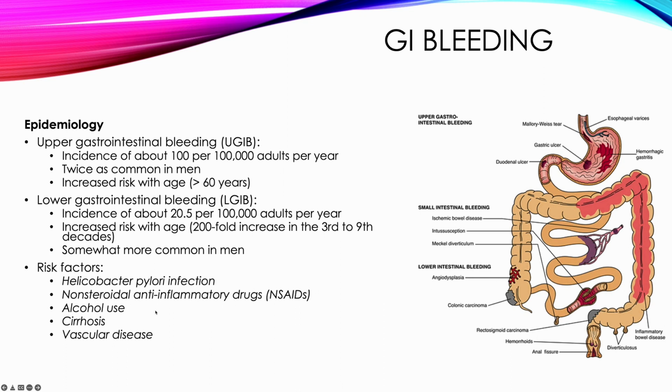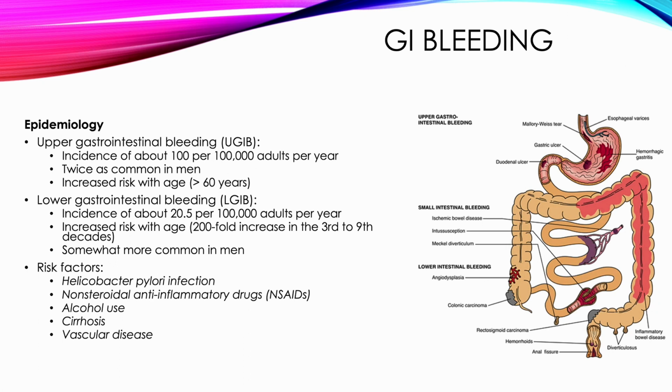Alcohol use across the board, we said that it can cause some inflammation, some gastritis, potentially contribute to the formation of peptic ulcer disease, and it can also cause other things like Mallory-Weiss tears with binge drinking, and it can even provoke esophageal varices.